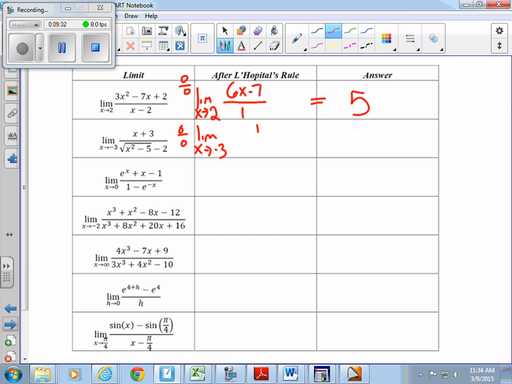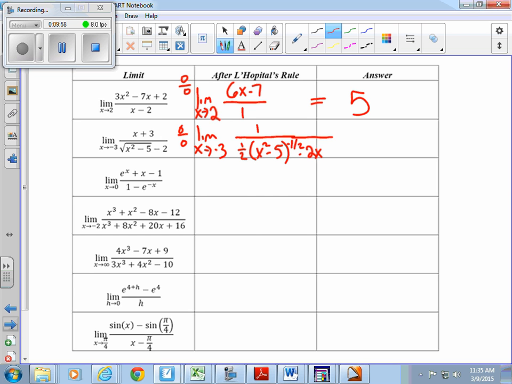On top, I just get 1, but on the bottom, how do I take the derivative of the square root of x squared minus 5? 1/2 x squared minus 5 to the negative 1/2 times 2x. Remember, I'm not doing the quotient rule. I'm not taking the derivative of the whole thing, just the top and the bottom.